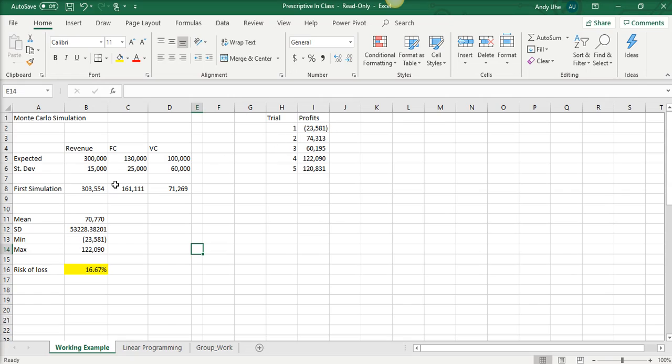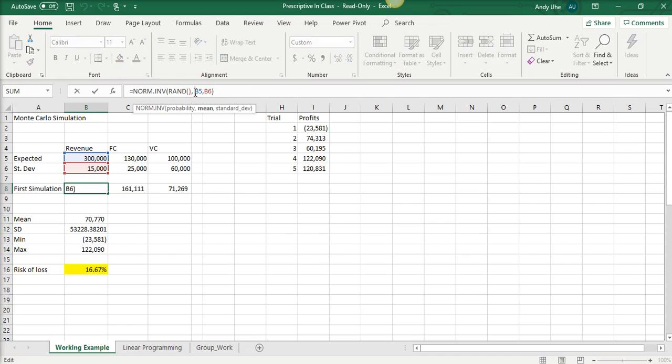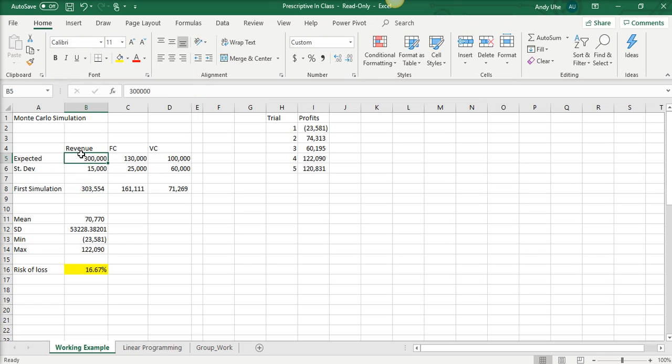But what you'll notice is I have a simulation, and it populates a random number, and the mean or expected return is 300,000, which is B5, and we have a standard deviation of B6, and it's giving us, on a normal distribution basis, a random number that's going to fit in a bell curve with this mean and the standard deviation.